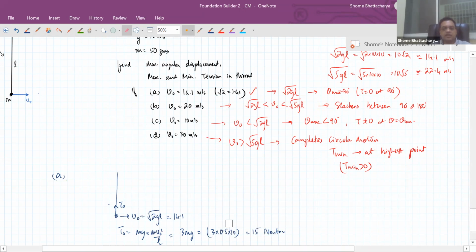The mass is 50 grams. Yeah, that's correct. So Deep, your answer is correct for maximum tension: 1.5 newtons. This is the maximum tension.